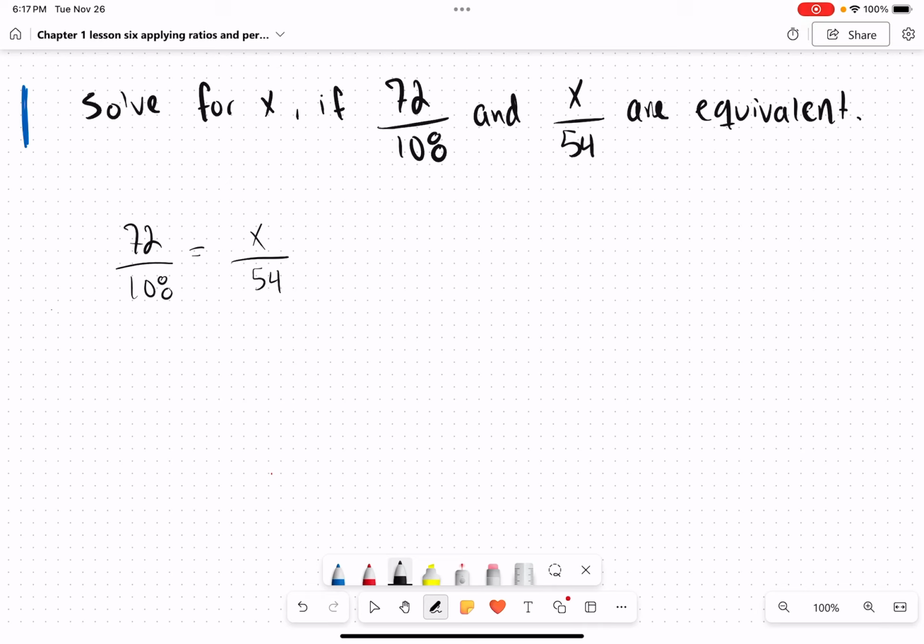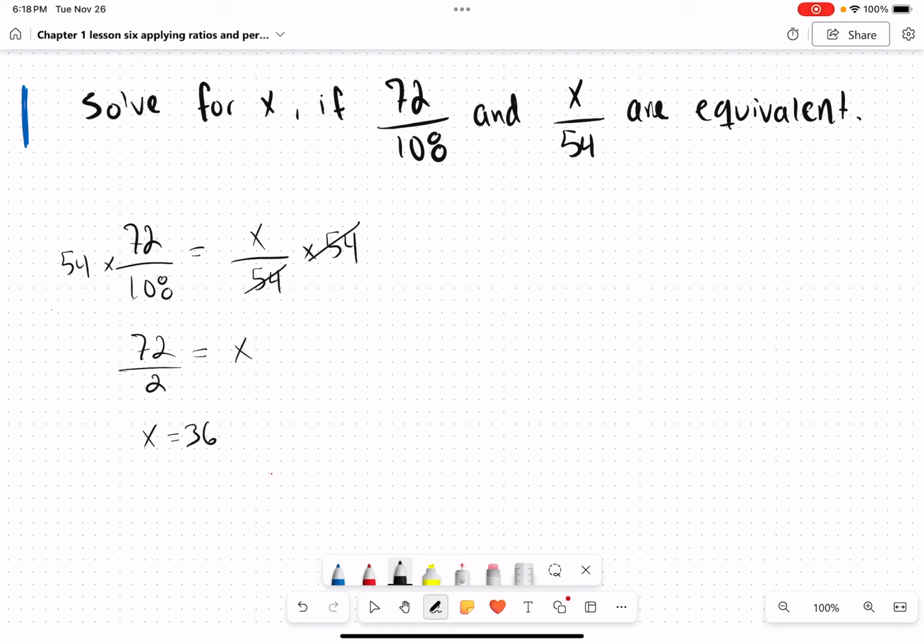So we can multiply both sides by 54 using the first method. 54 is just half of 108, so we can write 72 divided by 2 is equal to x, because now 54 and 54 cancel out. 54 divided by 54 is 1, so we're left with 1x. And 72 divided by 2 is equal to 36.